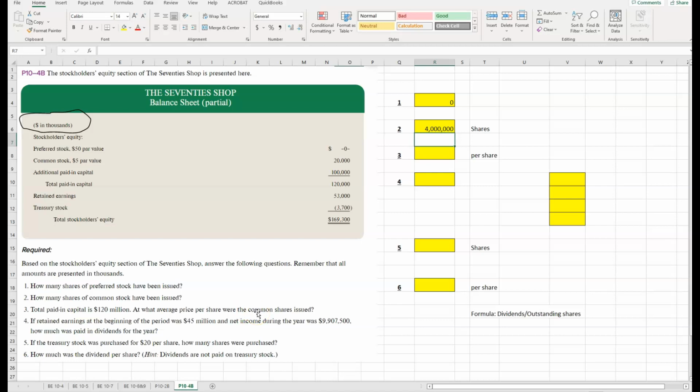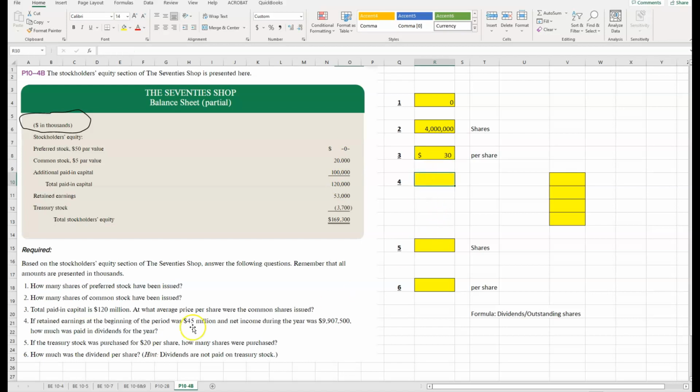So if the total paid-in capital is 120 million, 120 million divided by the 4 million shares, that should give us our answer, right? 120,000,000 divided by the 4 million gives us $30 per share. If there had been some preferred stock, we would have had to pull out the preferred stock issue price in order to arrive at the common stock issue price.